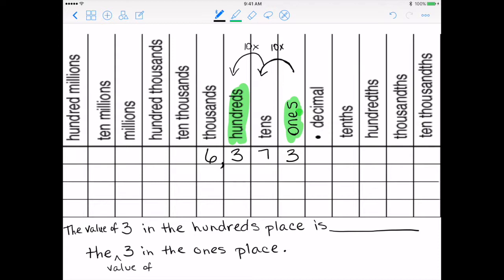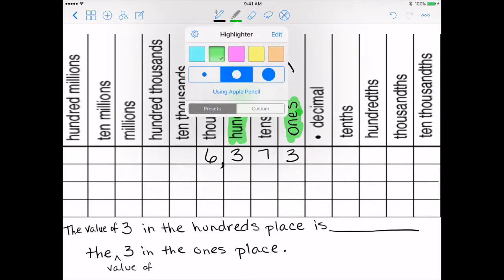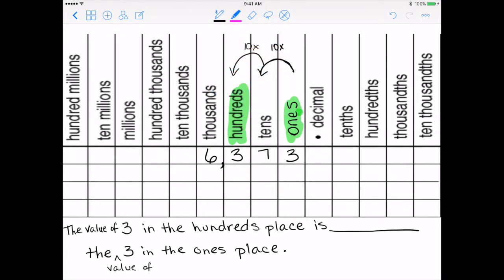So I'm going to show you a little trick on how to make this make more sense. A strategy to help you think about the value of the digits in the number. You're going to actually use the words hundreds and ones.